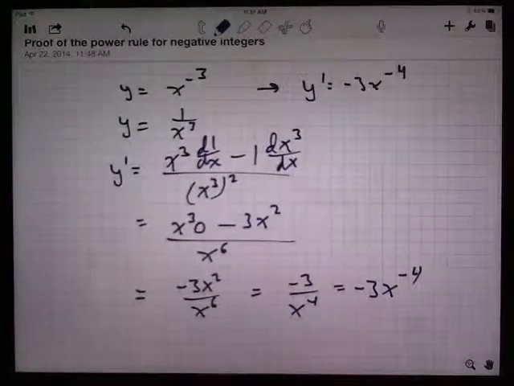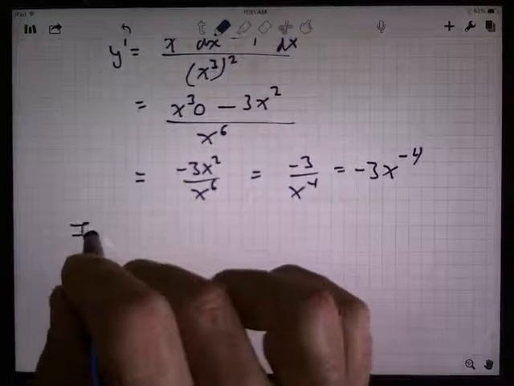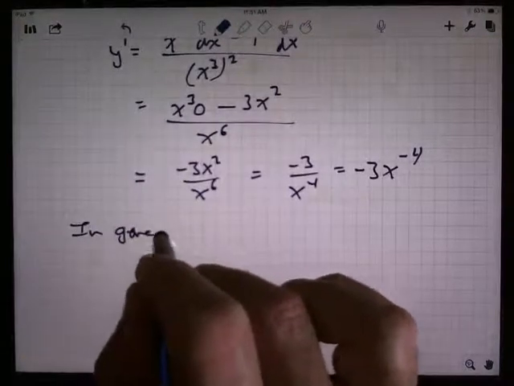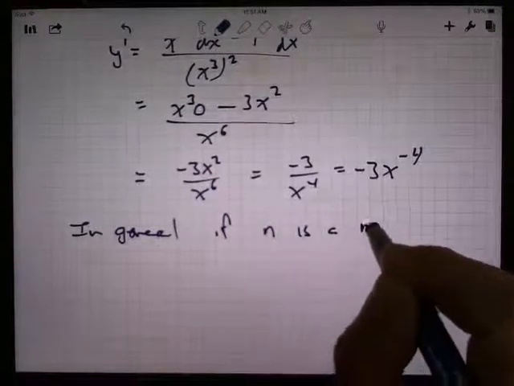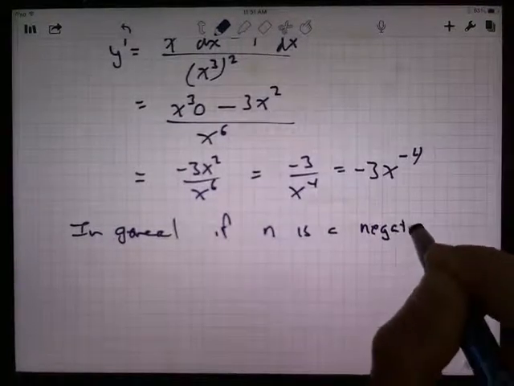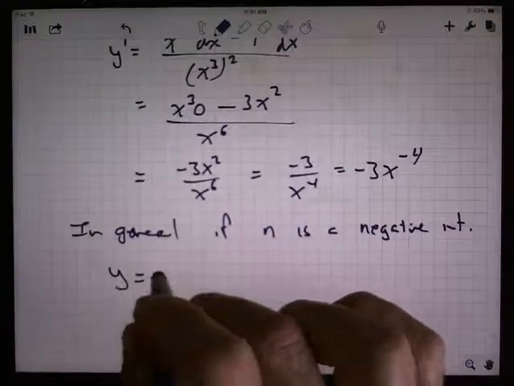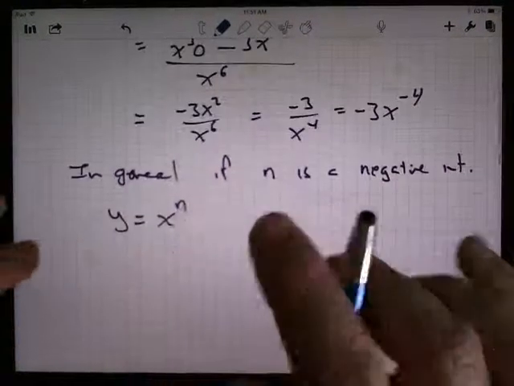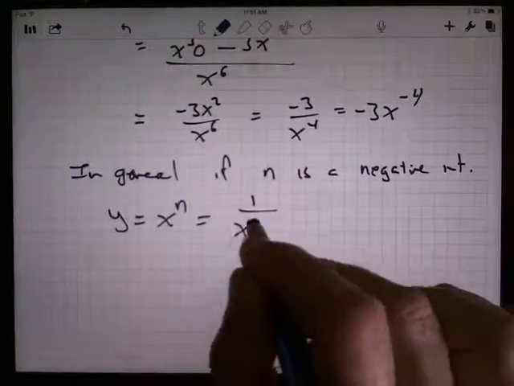Okay, so there it is for a particular value. I can do it in general now. In general, if n is a negative integer, then I'm going to look at y equals x to the n, which I'm going to rewrite as 1 over x to the negative n.